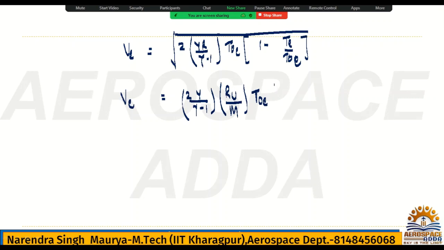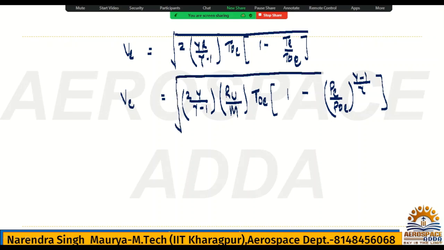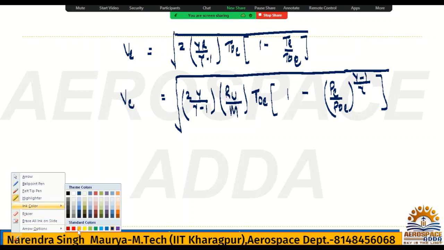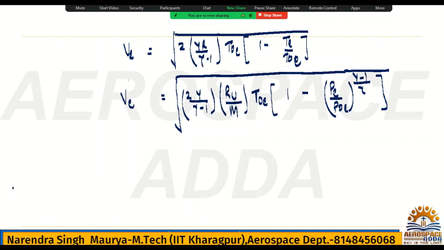And in root, 1 minus T by T naught is nothing but (P by P naught E) to the whole power (gamma minus 1) by gamma, and this is in root. This is another formula.